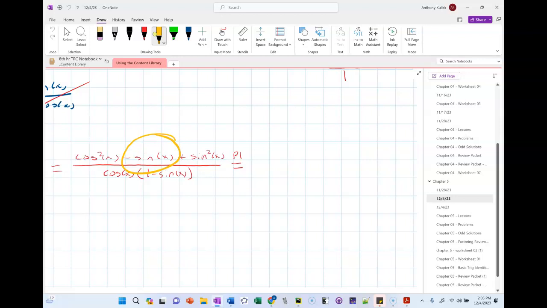Can you add things in any order you want? Can I just write that as sine squared plus cosine squared minus sine? Can you just do that? Of course you can. So that's going to give me my P1. So again, sine squared plus cosine squared is just 1.